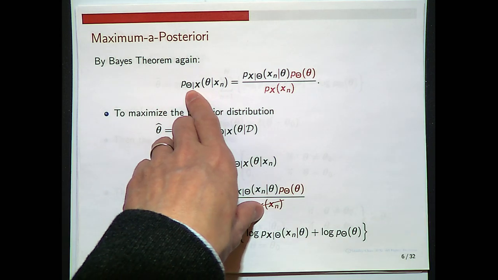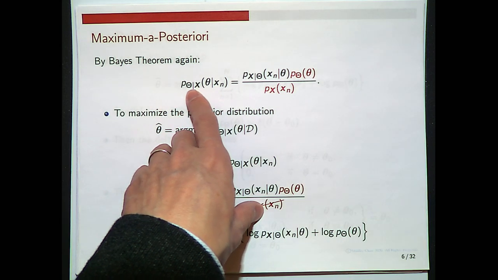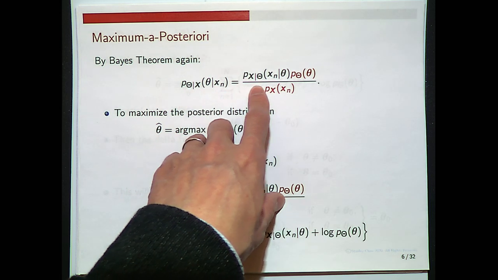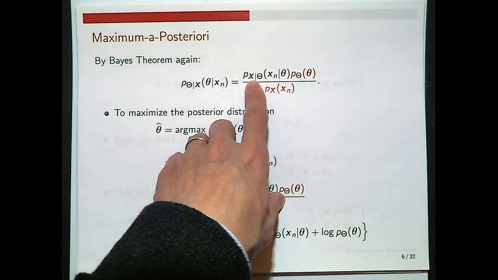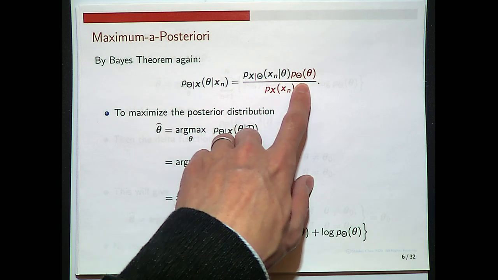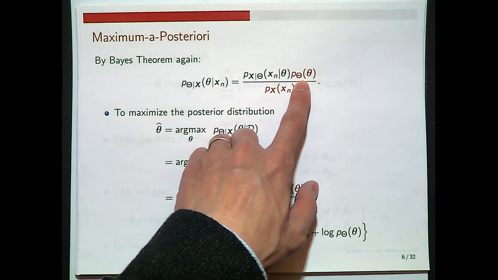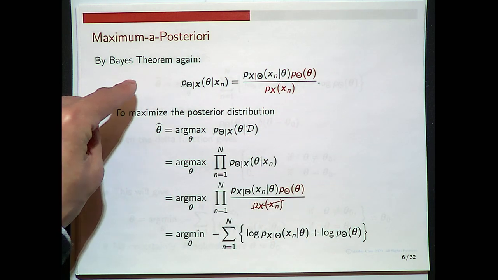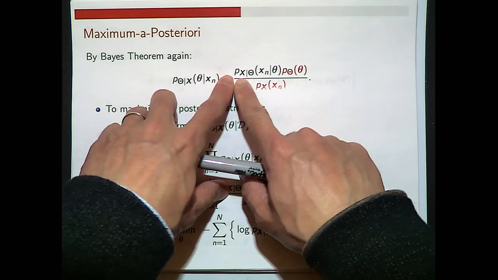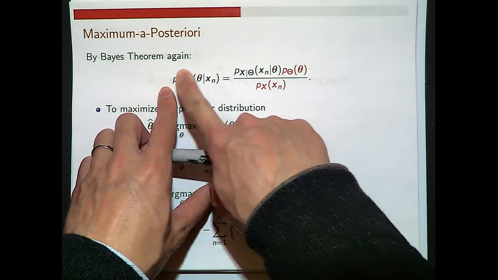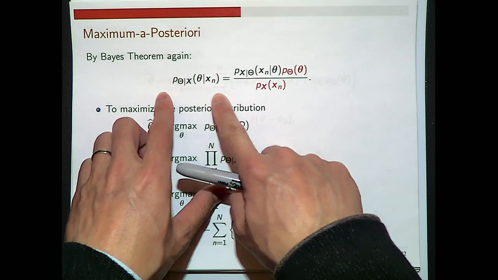The Bayes theorem says that if I have this posterior distribution of theta given xn, then I can write it in terms of the product of p of x given theta times p of theta divided by p of xn. Okay, so this is the Bayes theorem. And now, instead of maximizing the likelihood function, let's say I want to maximize the posterior distribution.